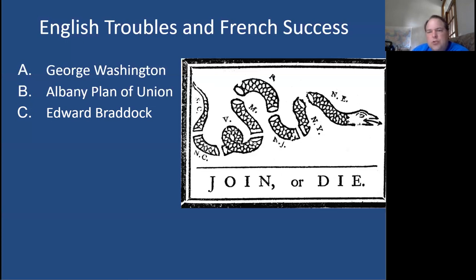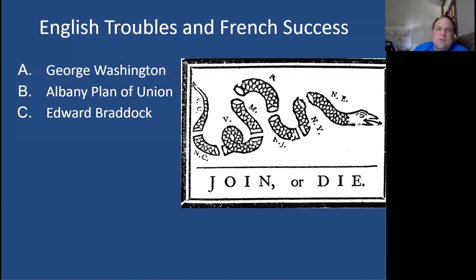Edward Braddock was a general who comes into Pennsylvania, ready to lead an expedition against the French. He's basically going to go back to where Washington had first confronted the French, where they're building forts, and root the French out.